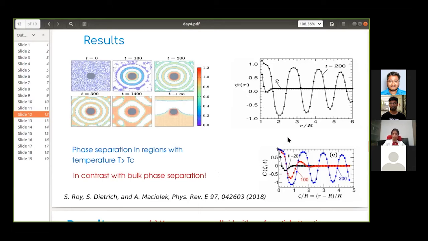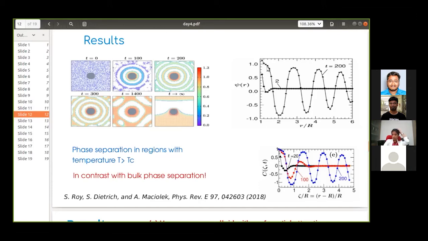So ψ(r) as a function of the distance from the colloidal surface. Let's have a look at the initial time first, time t equal to 2. What do you see? Very close to the colloid at r equal to 1, which is just close to the colloid surface basically, you see a single surface adsorption layer formed on top of the particle.